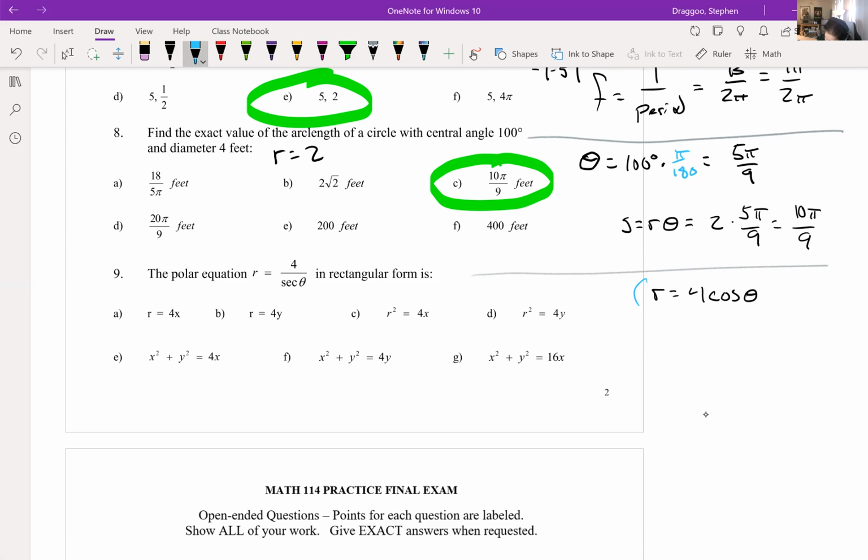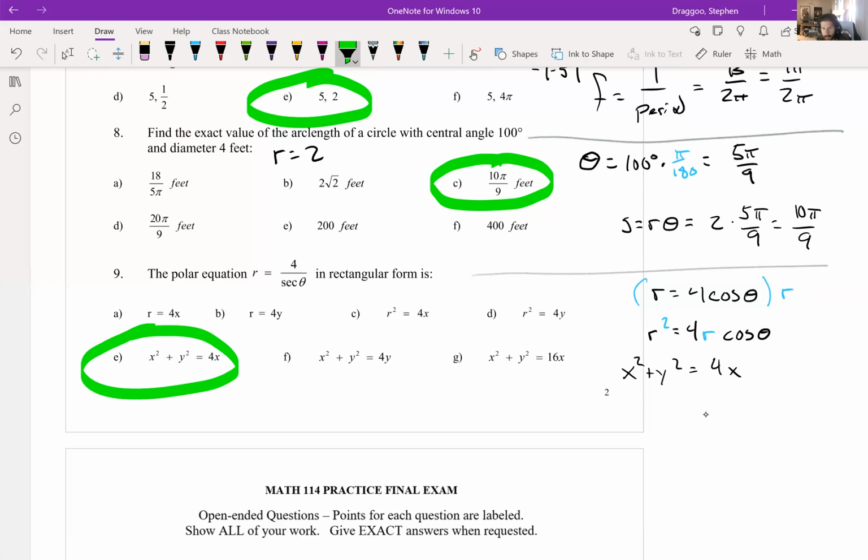And then I'm going to take that equation and multiply by r so that I get r squared is equal to 4r cosine theta. And then this is a relatively straightforward substitution for polar coordinates. x squared plus y squared is equal to 4x. So we just need to find the one that matches that. Looks like it's option E.